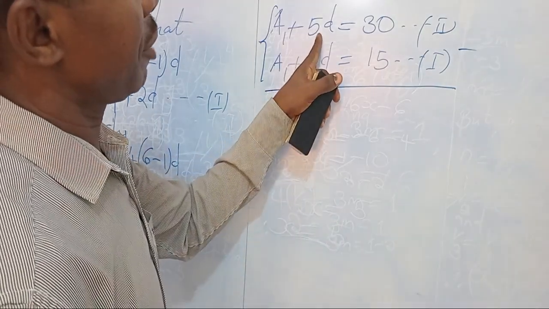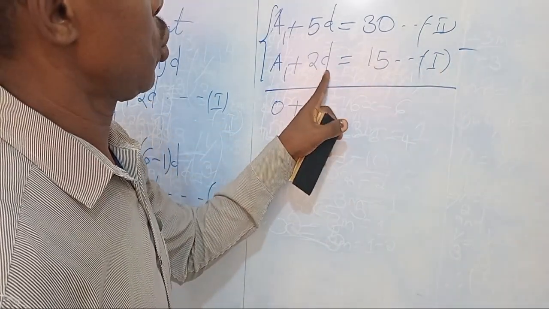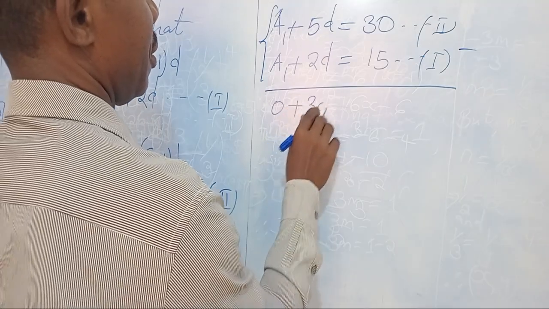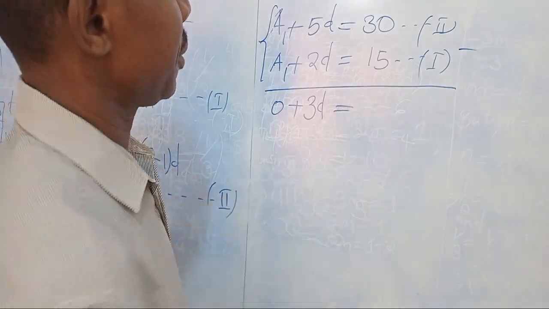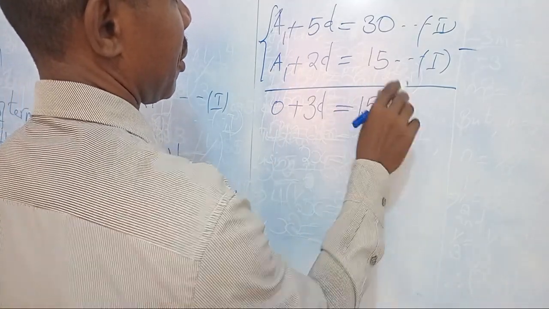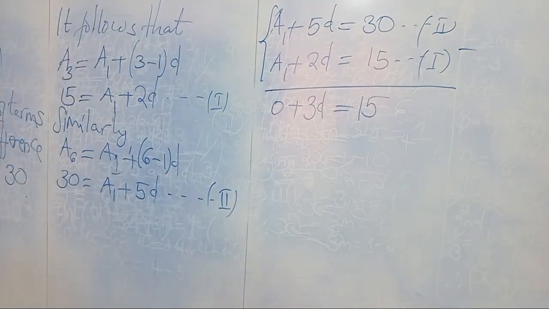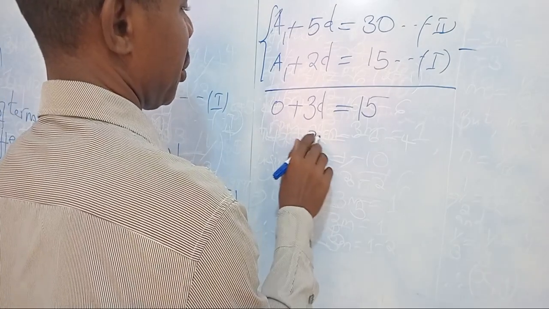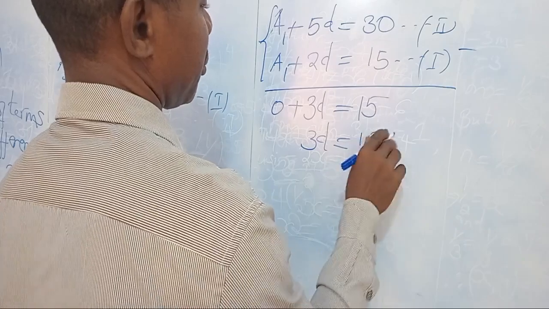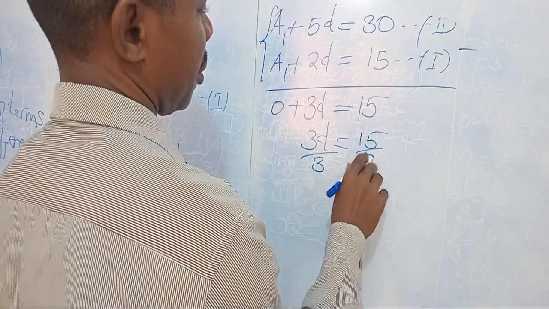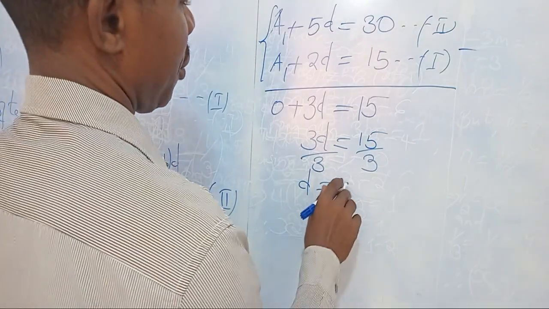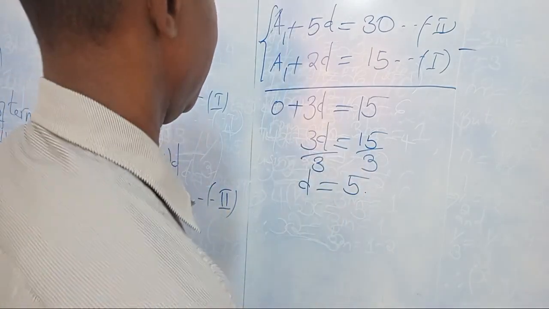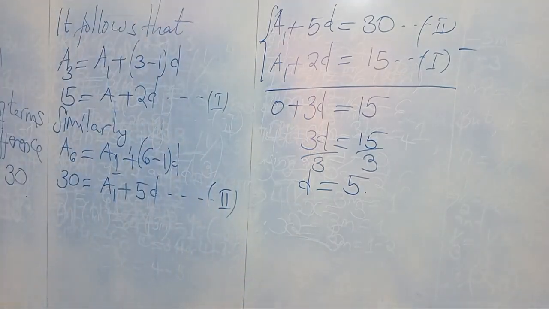Then 5d minus 2d gives us 3d, equal to 30 minus 15, which is 15. So 3d equals 15, divided by 3 we get d, our common difference, equals 5.